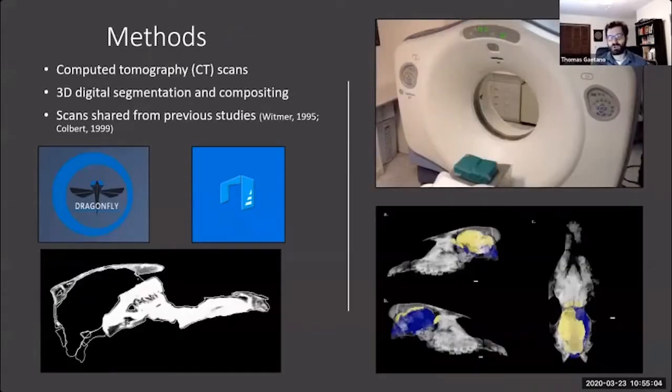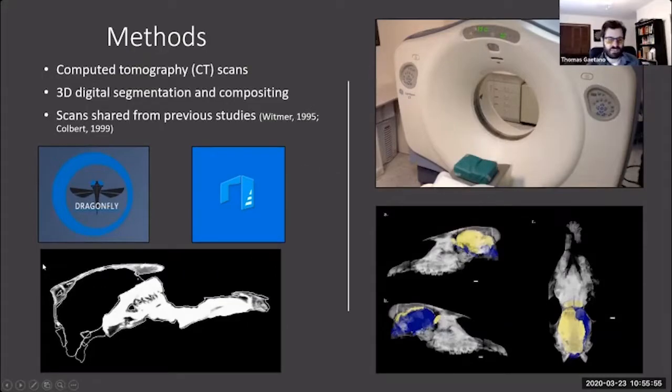This sort of research leans heavily on computed tomography, which is an X-ray-based scanning method that basically sends X-rays through solid objects, and then by the density of the object is able to render a series of 2D images that computers can compile into one large 3D model that you can work with. And I used ORS Dragonfly to segment the endocranial space.